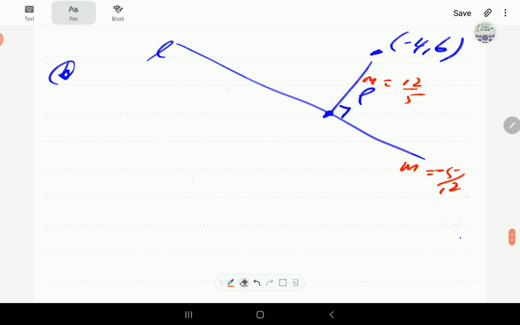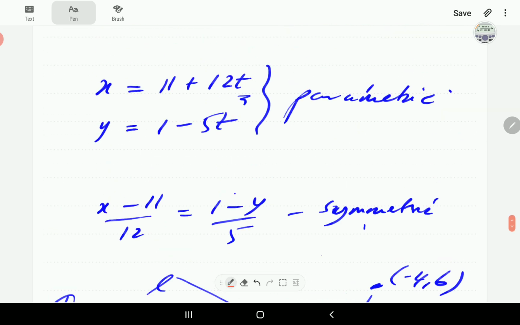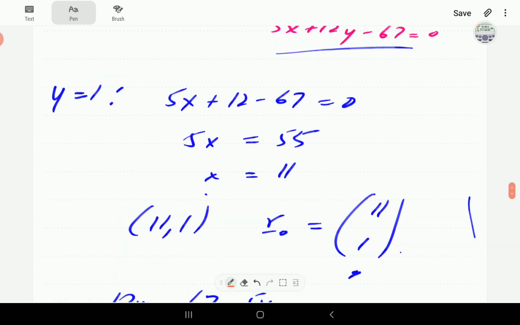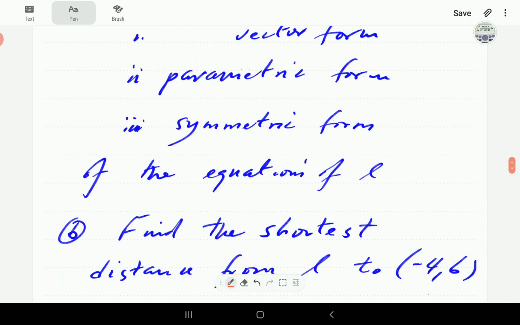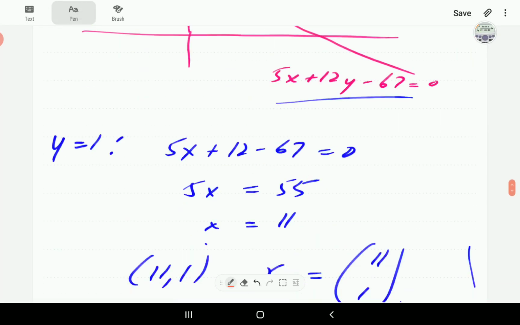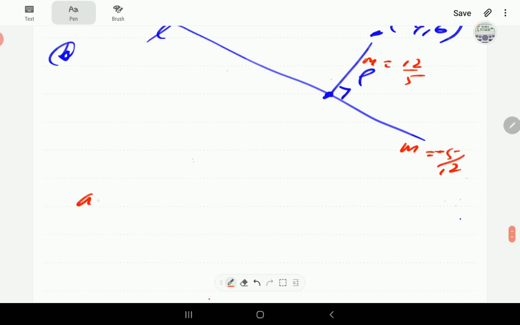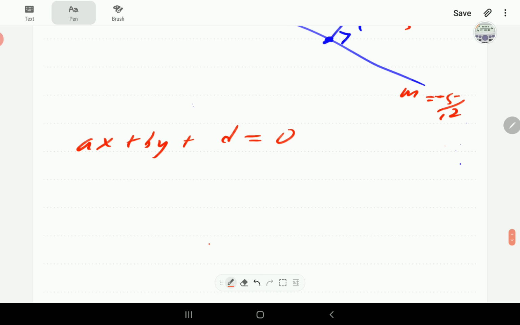However, a quicker and more elegant approach is to use something that we met in MAT312 called the normal form of a straight line. The normal form is derived from the general form of a straight line, so ax + by + d = 0, let's say d, because c is used elsewhere.